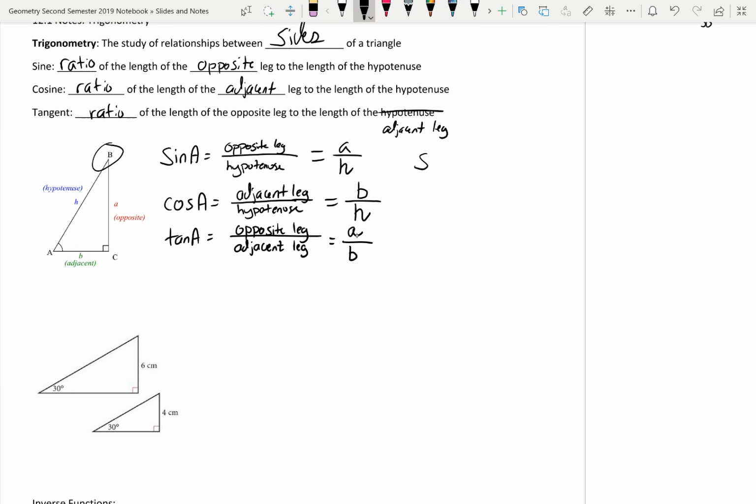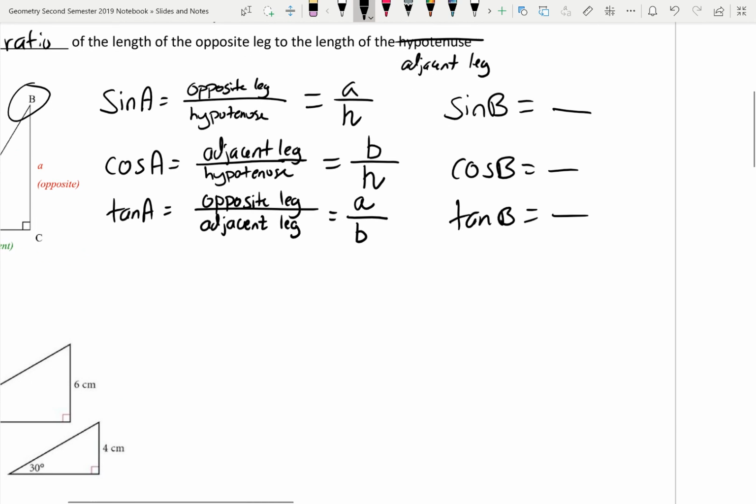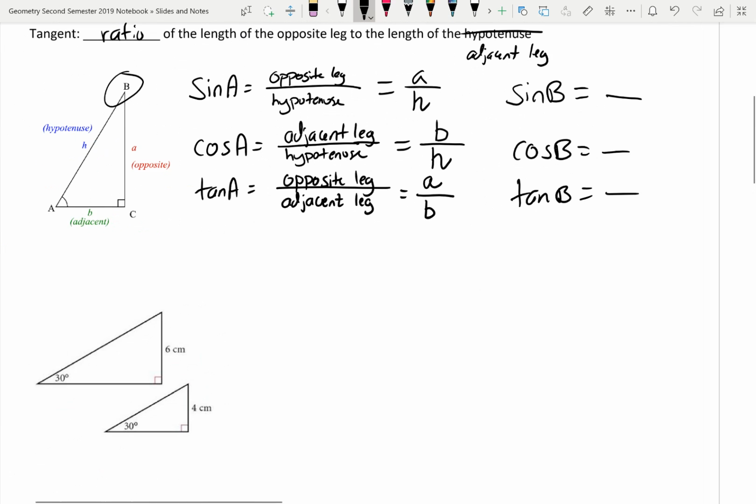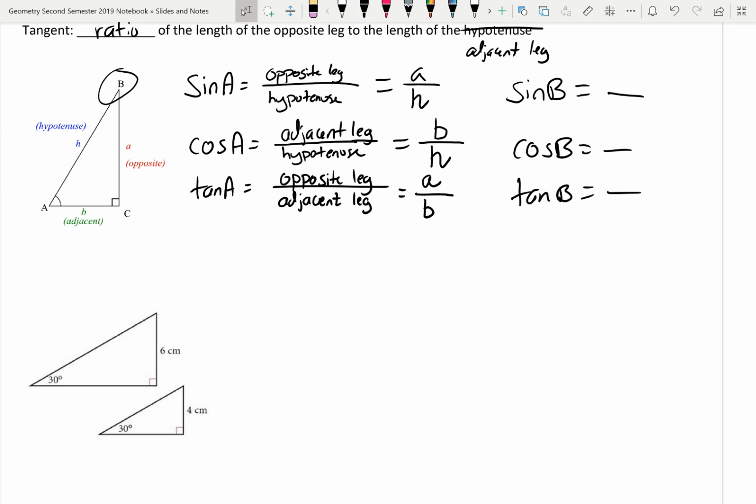So we have sine of angle B, cosine of angle B, tan of angle B. Now, the ratio is still going to be the opposite leg divided by the hypotenuse. Well, the hypotenuse is H. We know that. That's not going to change. But what's the opposite leg? Is it A or B?